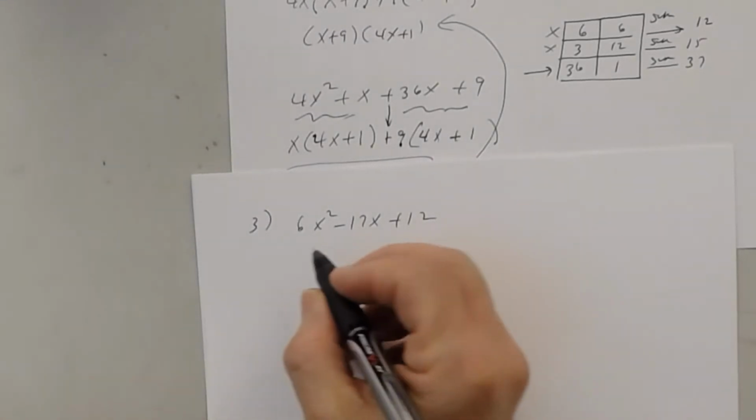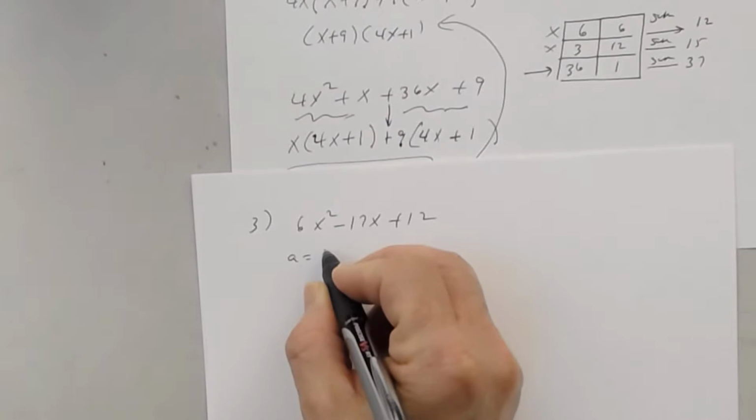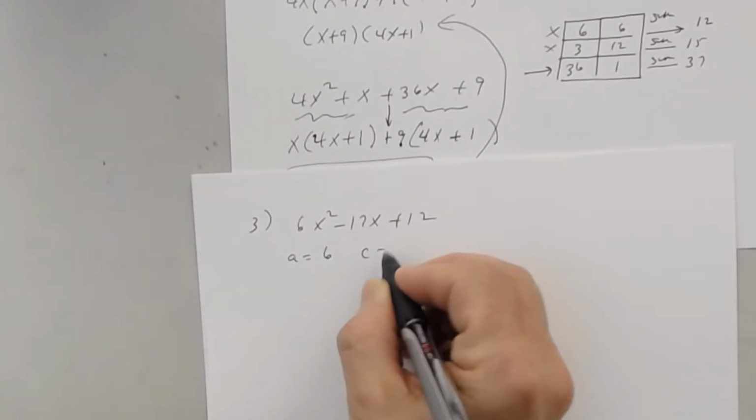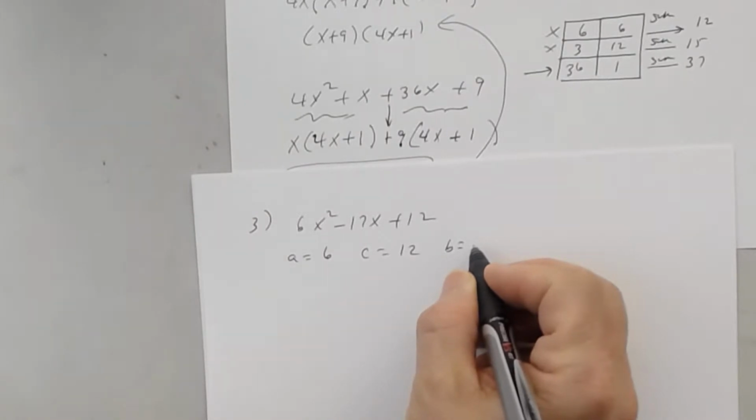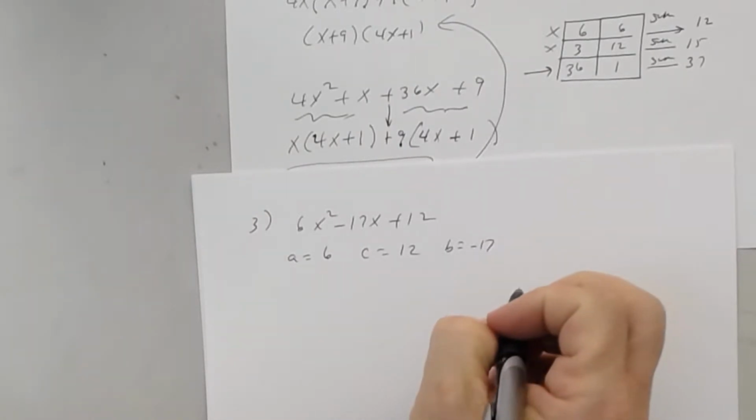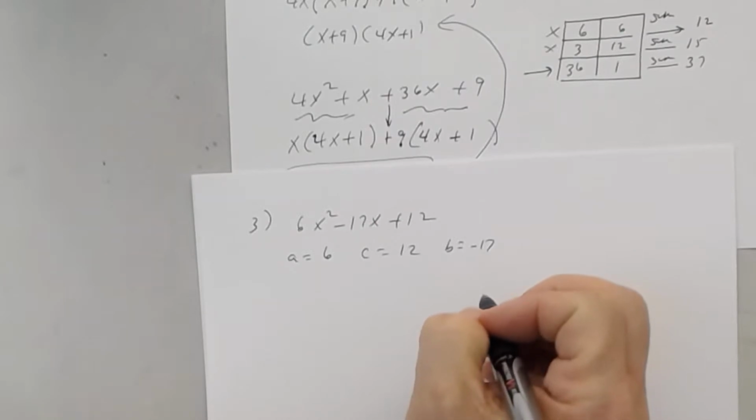So let's list A. What's A? 6. And what's C? 12. And what's B? Not 17. Negative 17. You have to keep the sign. Always make sure you're keeping the sign.